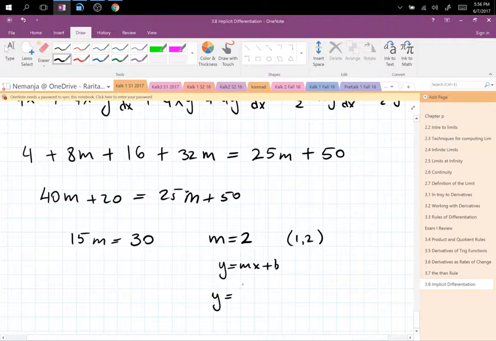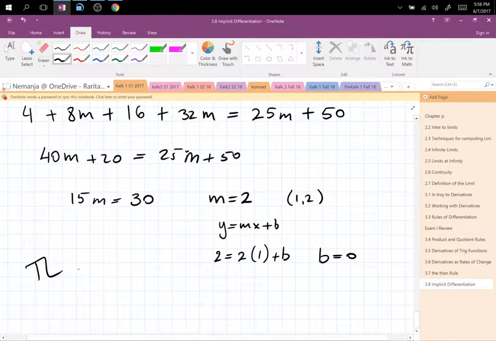So y is equal to the slope, 2, x value is 1, plus b, y value is 2. So b is 0.